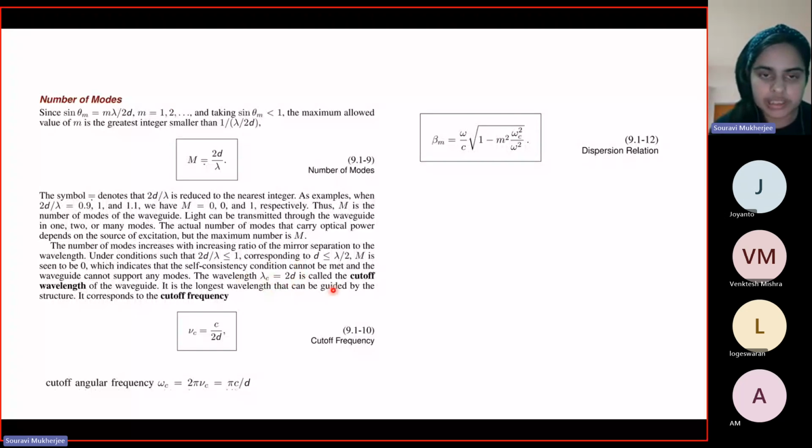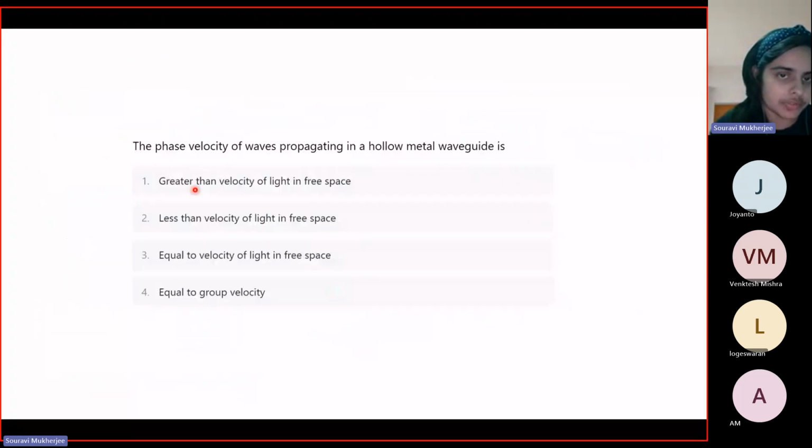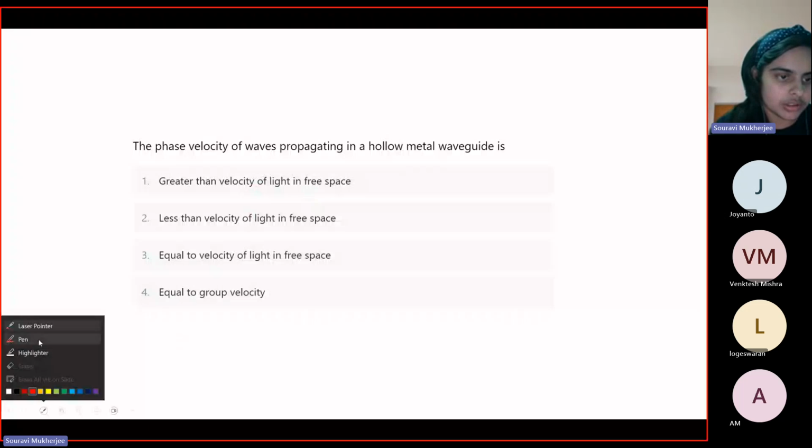It's important to note that because the phase velocity is greater than the velocity of light, you can be asked to find the guide wavelength, that means the wavelength inside the waveguide.